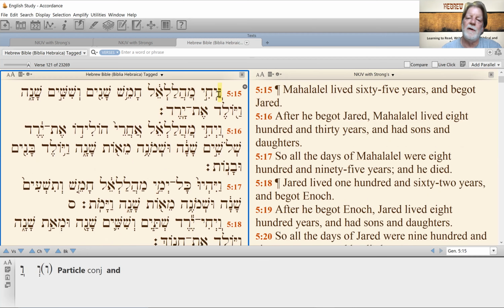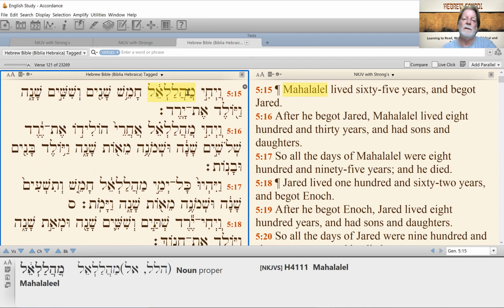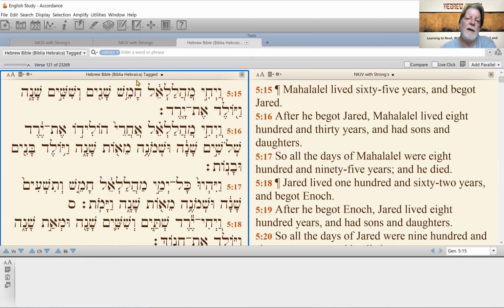Verse 15, Vayachi, and lived Mahalalel, that's his name, Chamesh Shanim, 5 years, and Shishim. Shishi is the Hebrew word for 6. Shishim is 60 shana.